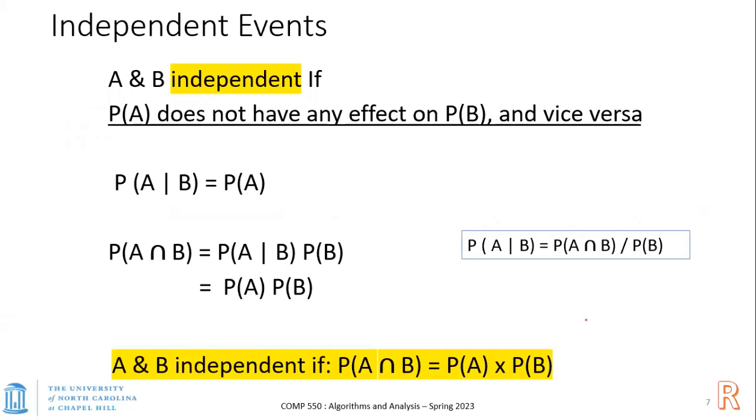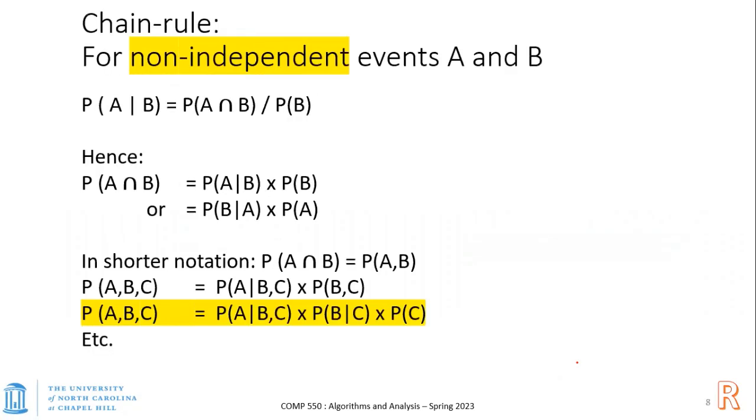If A and B are independent, then we have the following relationship: the intersection of A and B would simply be given by the product of the two individual probabilities. We also had the chain rule for non-independent events, which is given by the following equations.